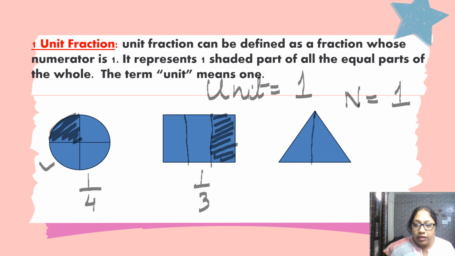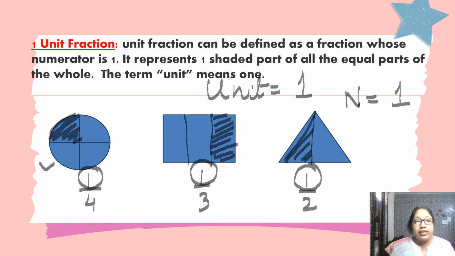In the triangle, shading one part. It is showing 1 out of 2. So 1 upon 4, 1 upon 3, 1 upon 2. इसमें क्या common है? All the fractions have 1 as numerator. That means ये सभी unit fractions हैं. Easy?